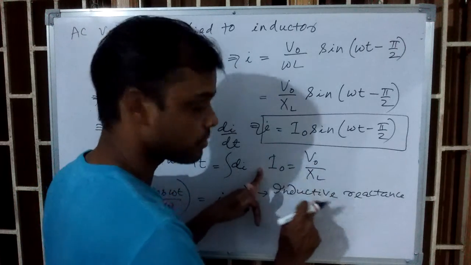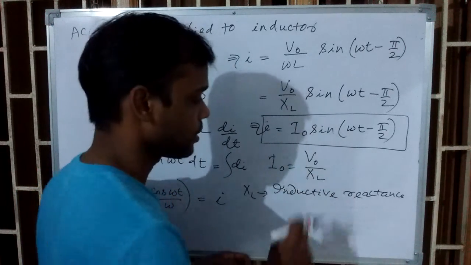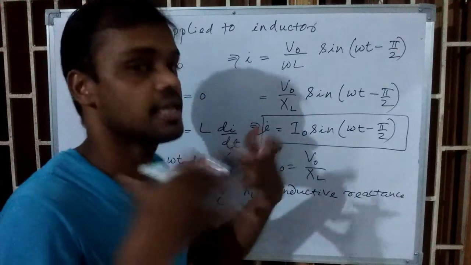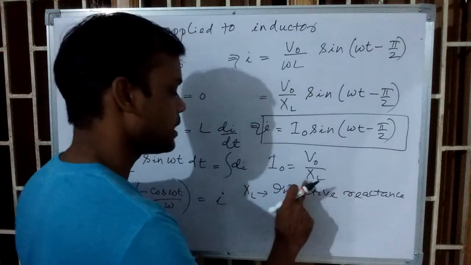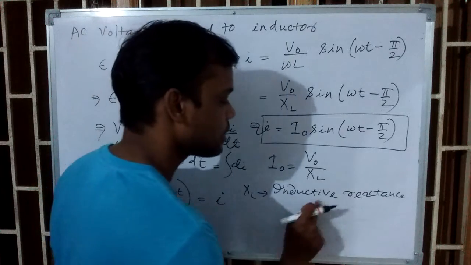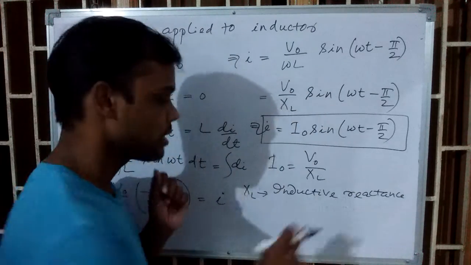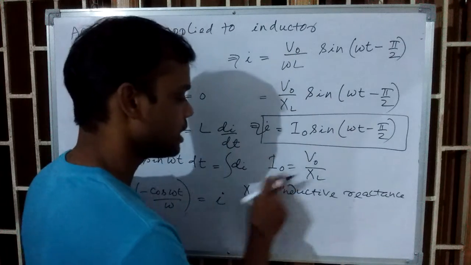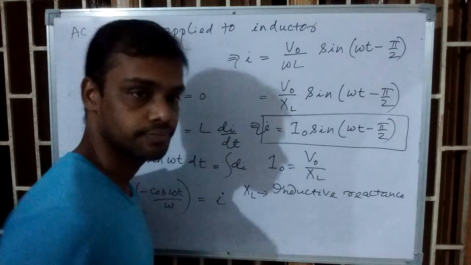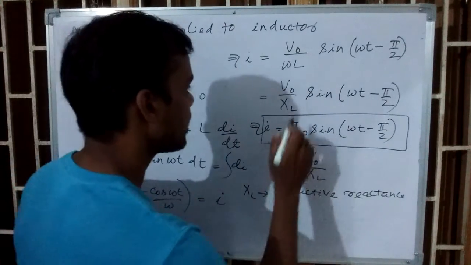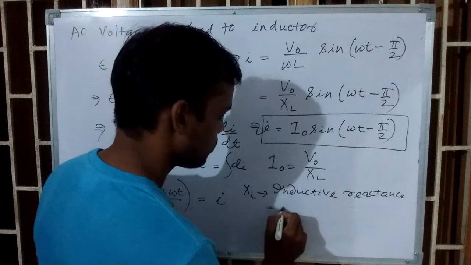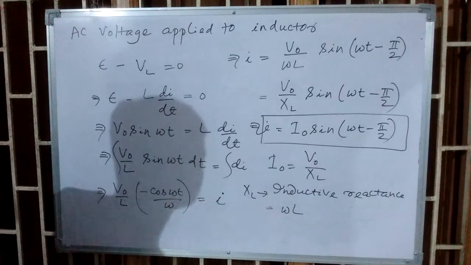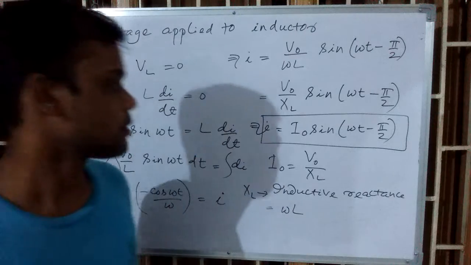It should be resistance, but it is not a resistance. But equivalently, it could be some resistance type. That's why its name is inductive reactance. Reactance is similar to resistance; inductive because it is because of the inductor. And XL value is omega L. Very simple. This is the current of the circuit.